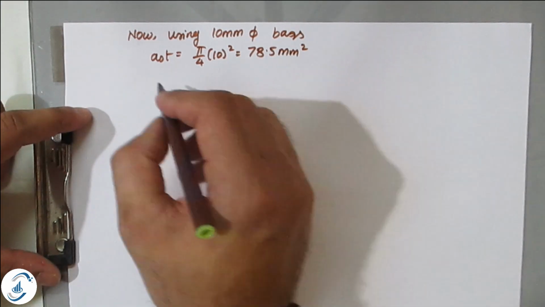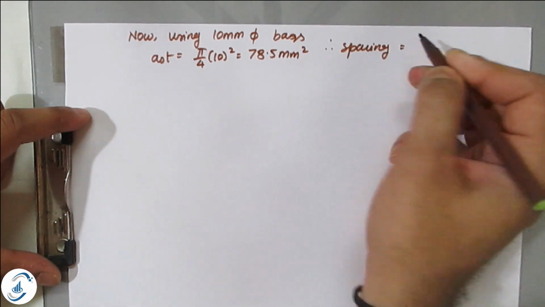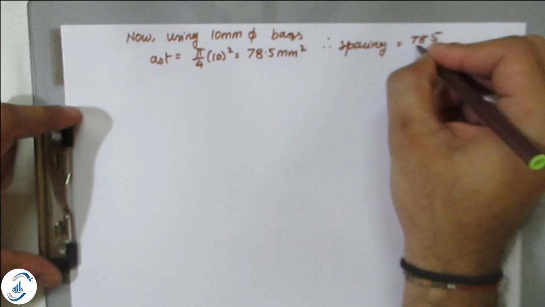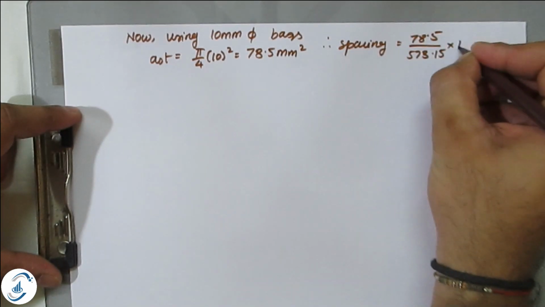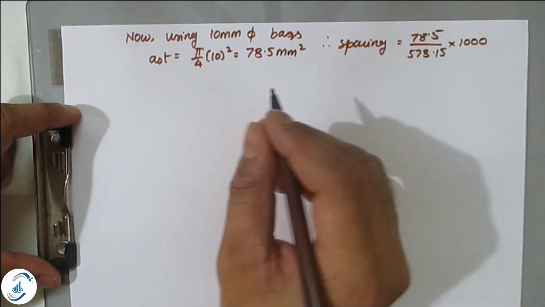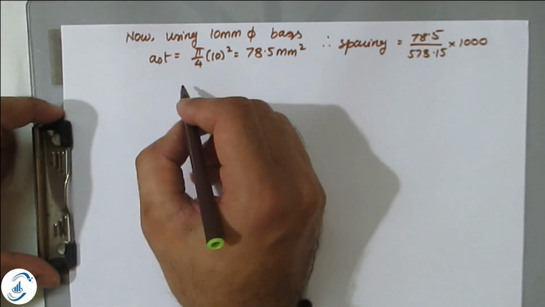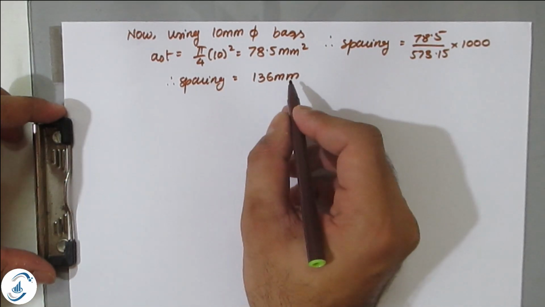Therefore, spacing is equal to small Ast, that is 78.5 divided by 573.15 into 1000. Why 1000? Because we are spreading this spacing over the 1 meter width of the slab. So the spacing comes out to be 136 mm.